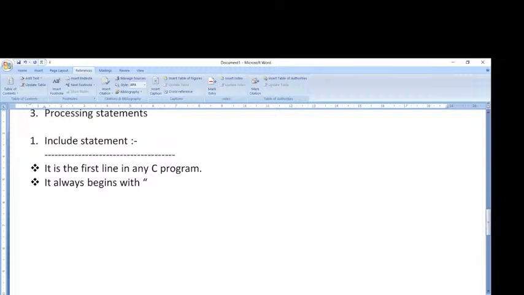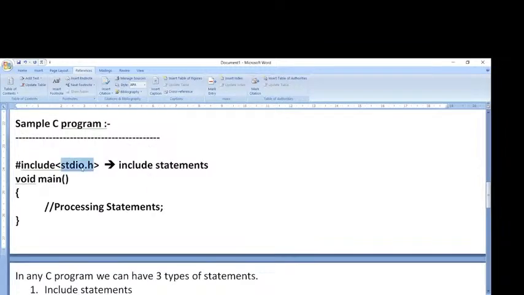What is the use of this line? It is used to copy the content of this file, stdio.h, which is the file name, into our program.